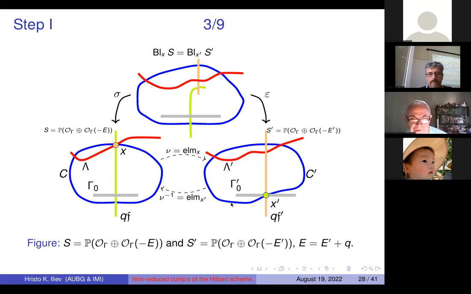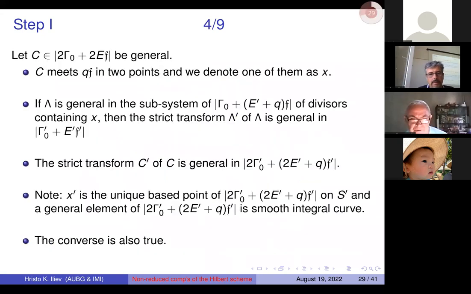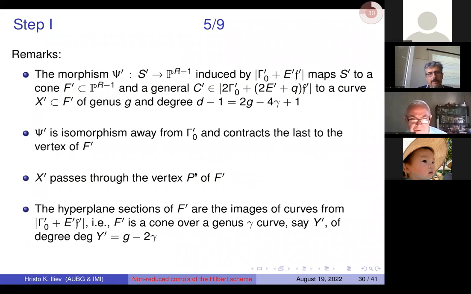Now, let me just go through the proof further on. These are in fact the things that I more or less described. So we can look at the morphism psi prime that takes S prime to projective space PR-1.